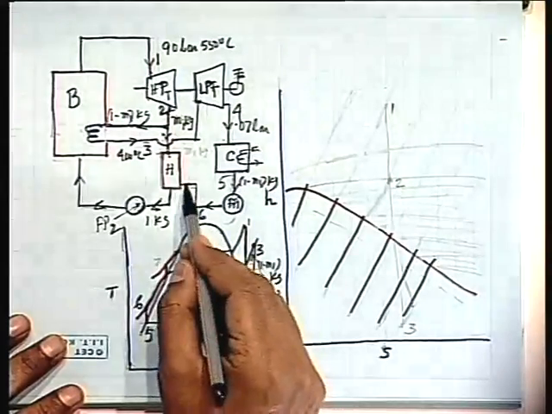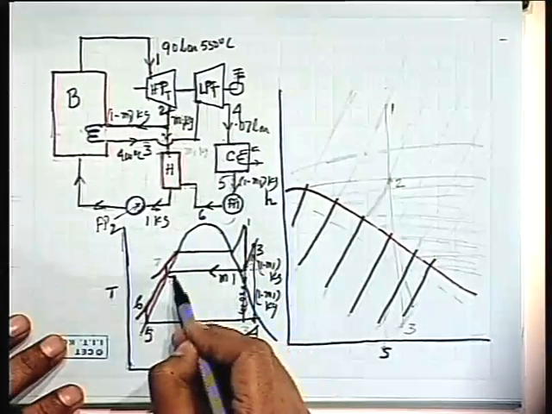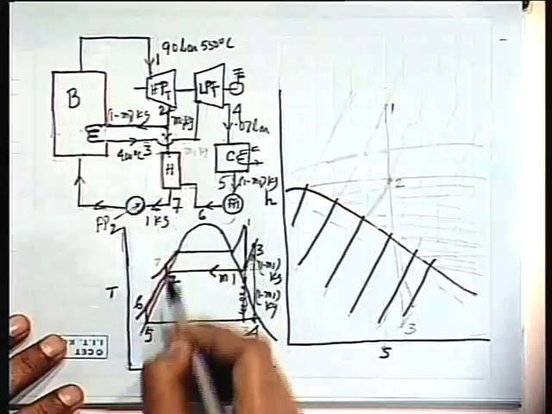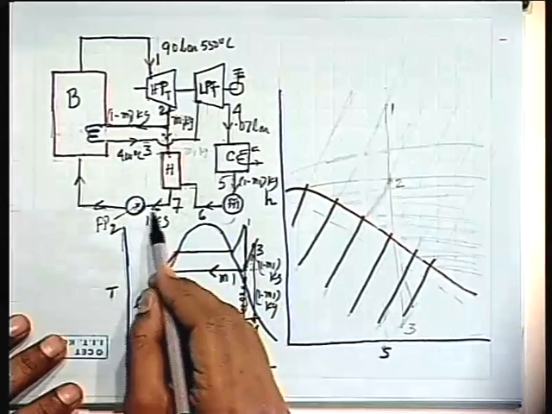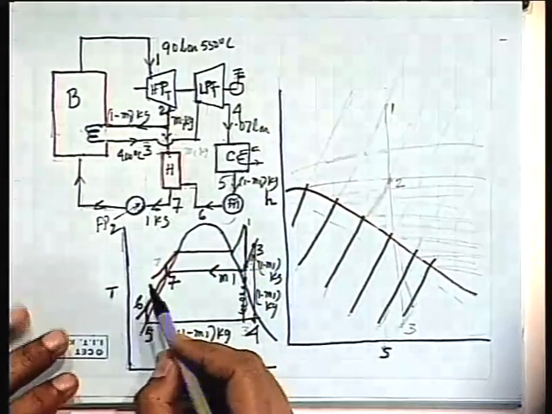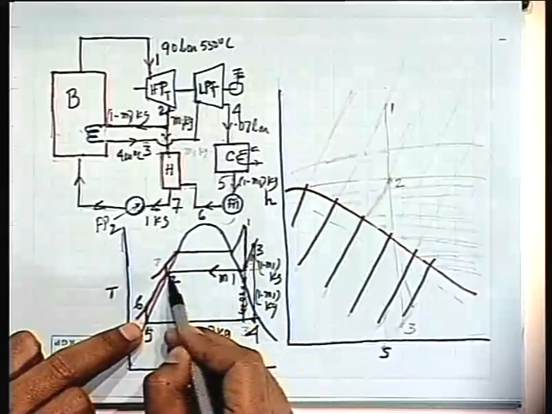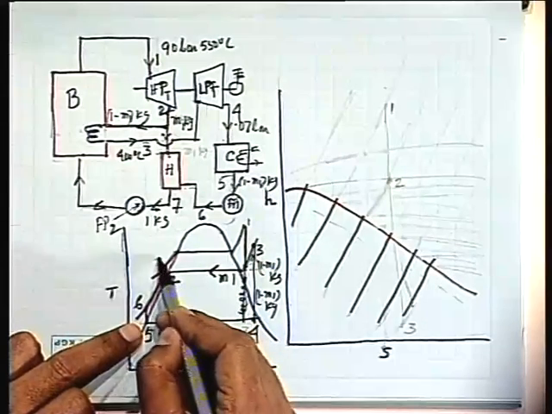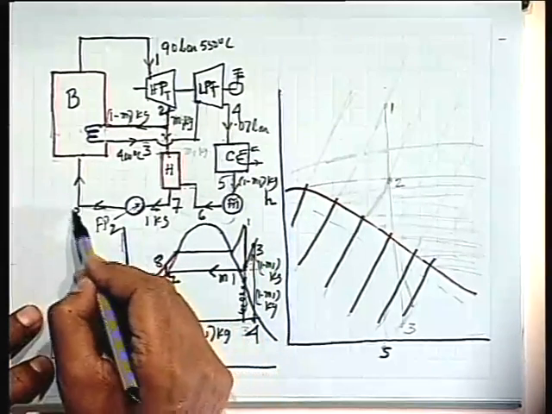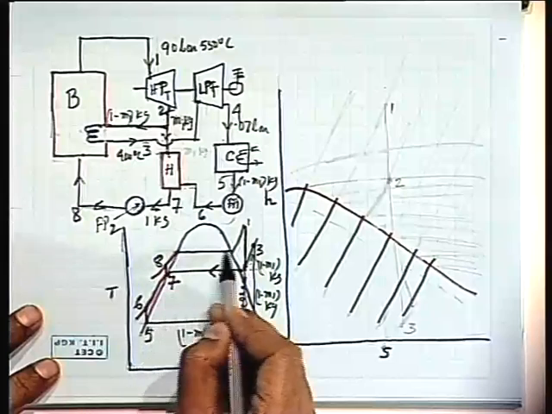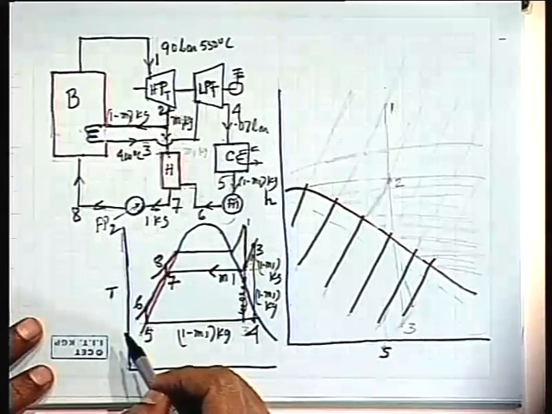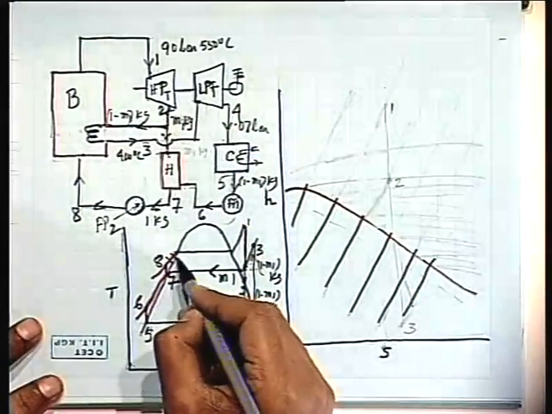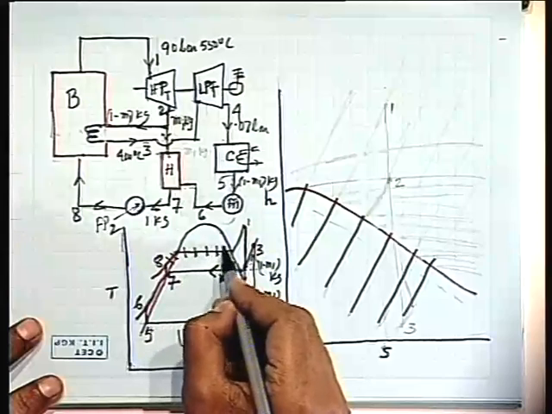Now it is heated with this bled steam and this point is 7, and this point 7 corresponds to 1 kg of mass, because 1 minus M1 meets with M1. Then 7 to 8, where 8 is at boiler pressure. So this is the heating in the boiler.